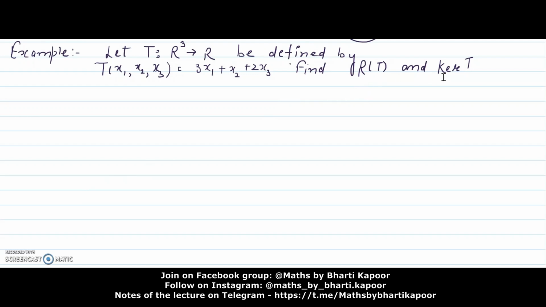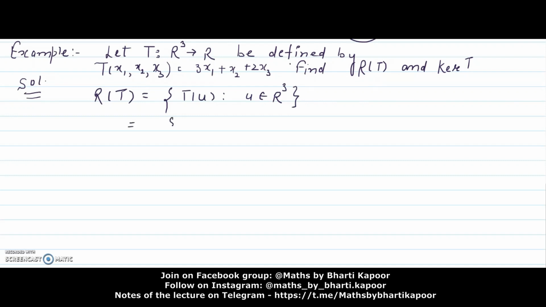Let's see how to find range of a linear transformation and kernel or null space of a linear transformation. Here T has been defined like this, where the image of one element of R cube, that means image of (x1, x2, x3) under T, is equal to 3x1 plus x2 plus 2x3, which is an element of R, which is the codomain. We know that range of a linear transformation is denoted by R(T) and this is the collection of images of elements of the domain, which is R cube over here.